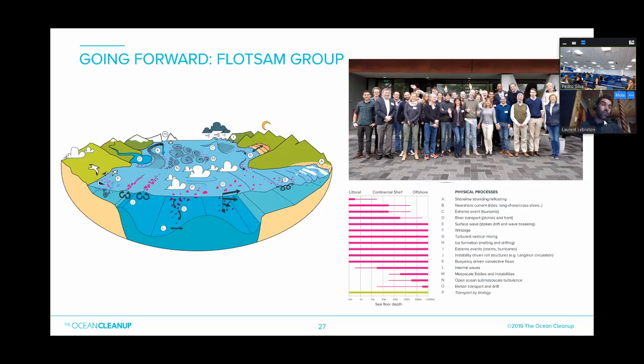So going forward, at the moment we're participating in the FLOTSAM group, a group of several oceanographers that study marine litter, and we're trying to do a whole review of all the different physical mechanisms that drive the transport of marine litter at sea, and how that varies with plastic type.